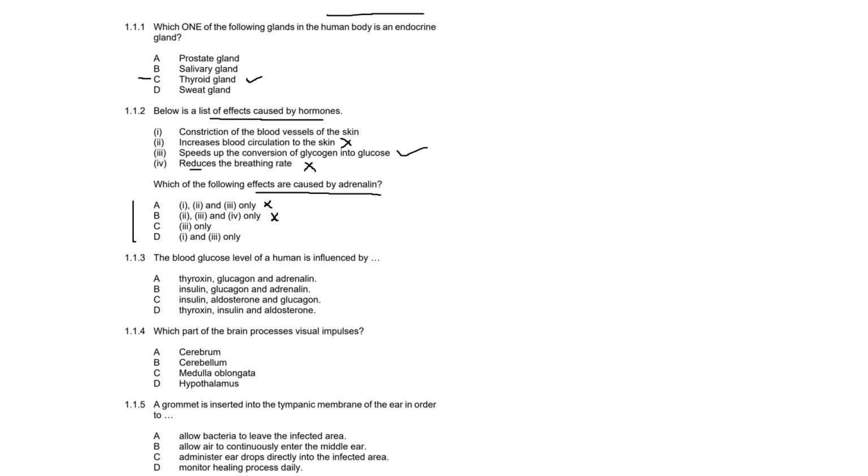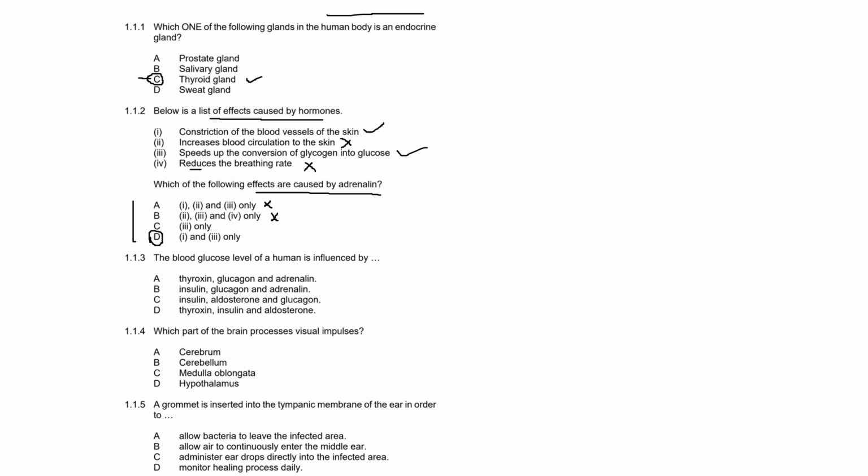Yes, the blood vessels will undergo constriction. That's true. So we've got those two, 1 and 3, which are the effects of the adrenaline hormone. The option that has 1 and 3 is D. To me, D must be the answer for this question, and C was the one for the previous question, so circle it.